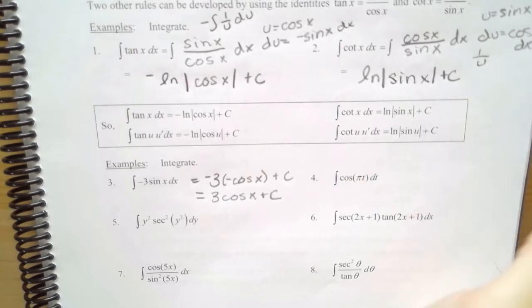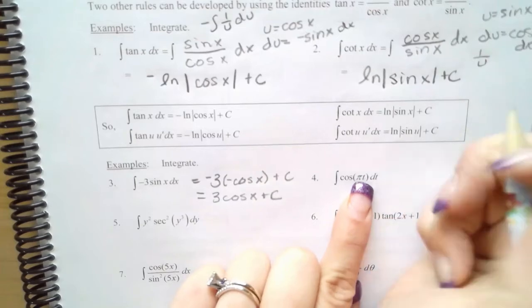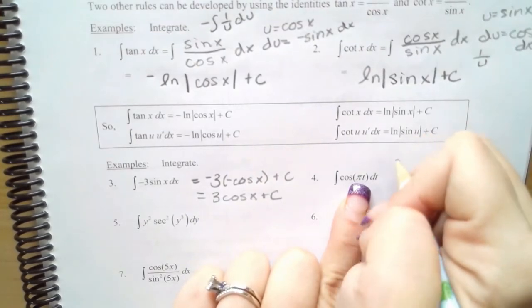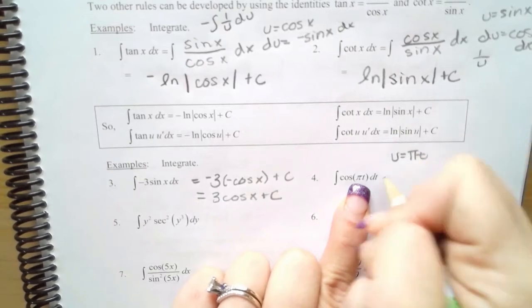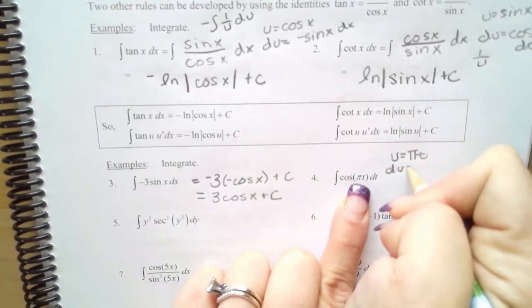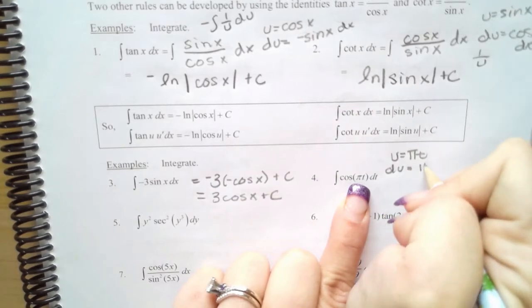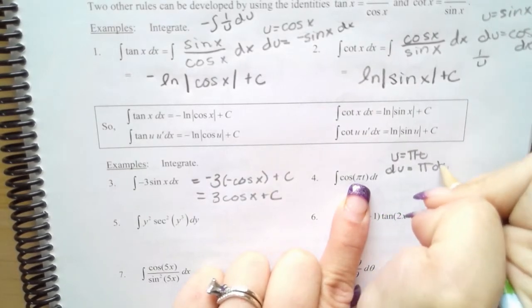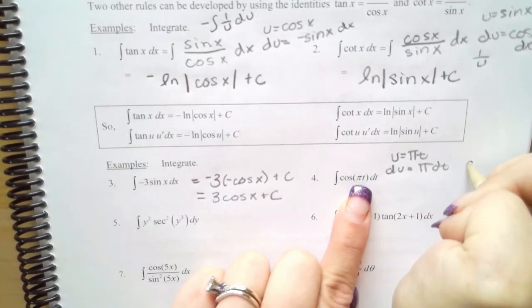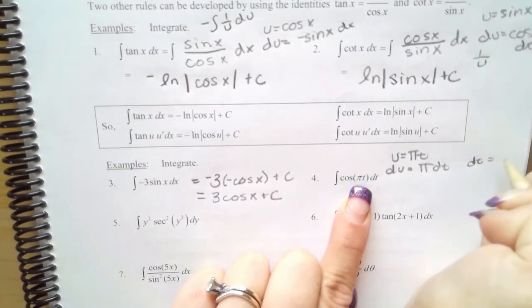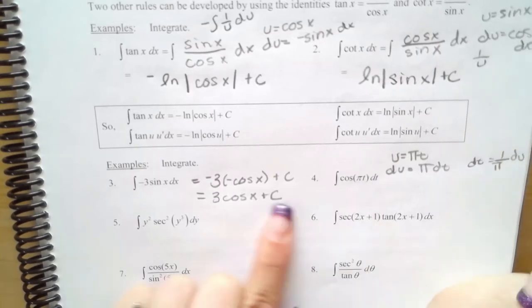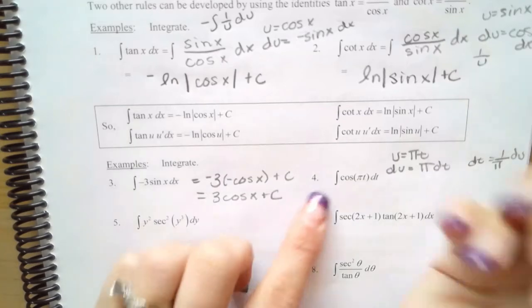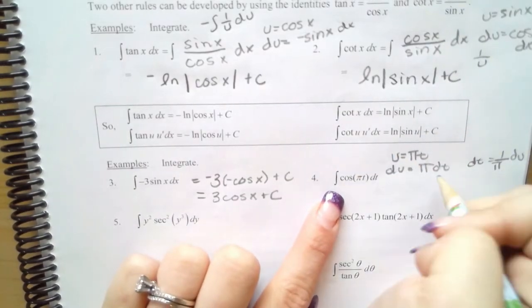For 4, what we need to keep in mind is that we have kind of a chain rule here. So if we do u is pi t, then du is pi dt. Solve for dt, you get dt equals 1 over pi du. So that means we have a 1 over pi out front.